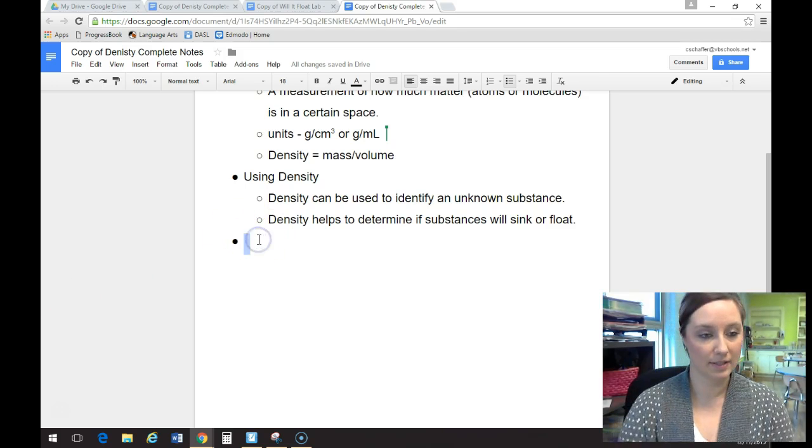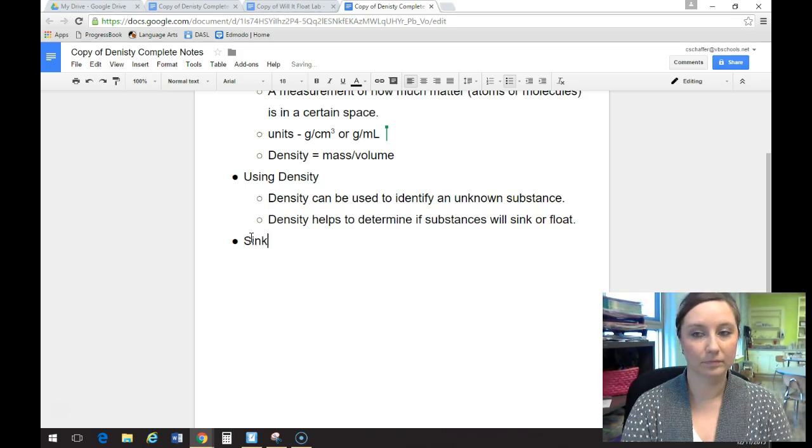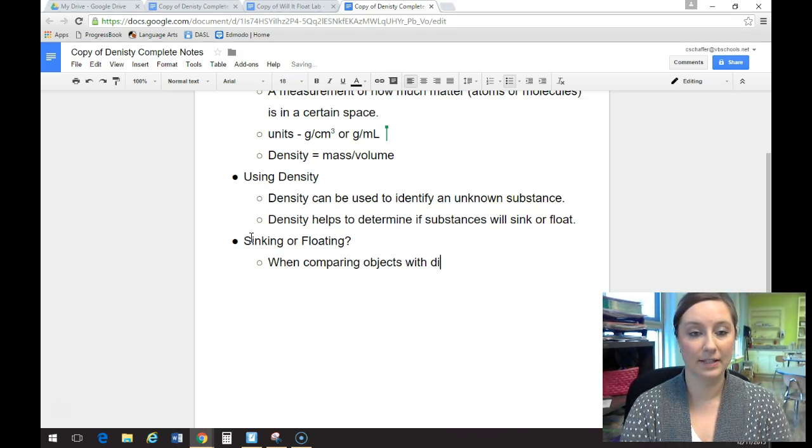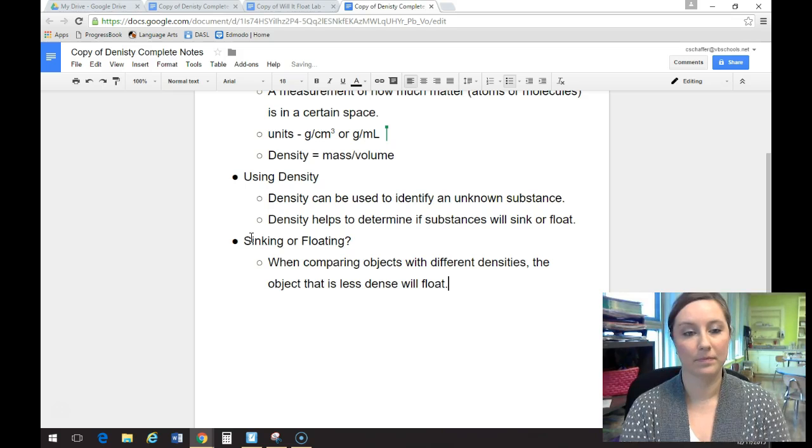I'm just going to tab it back out, and we're going to put sinking or floating. So when comparing objects with different densities, the object that is less dense will float. Now, the reason why we didn't necessarily say water is because, in science, we might not always be dealing with water.